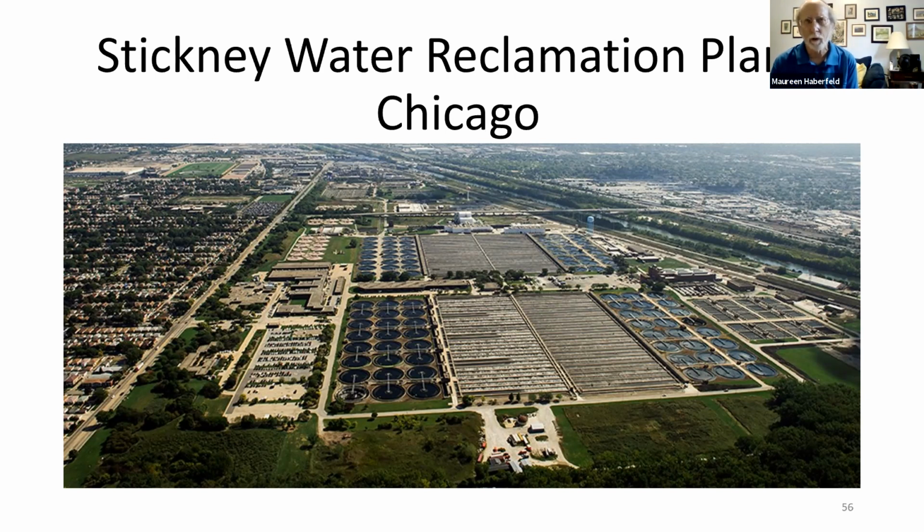It treats over 2 billion gallons of water per day if it needs to. On an average, it treats about 700 million, which is still a lot. I think it serves basically all of Chicago. Maybe other plants, but I think that water from other plants winds up going to this plant where it gets further treated.